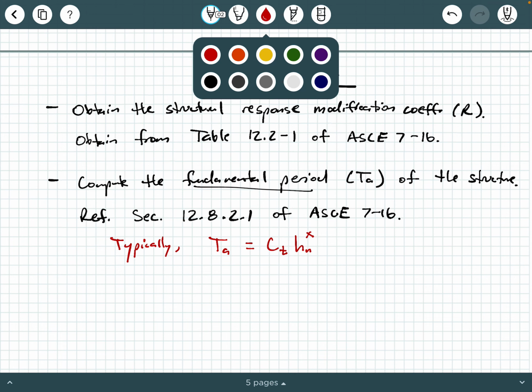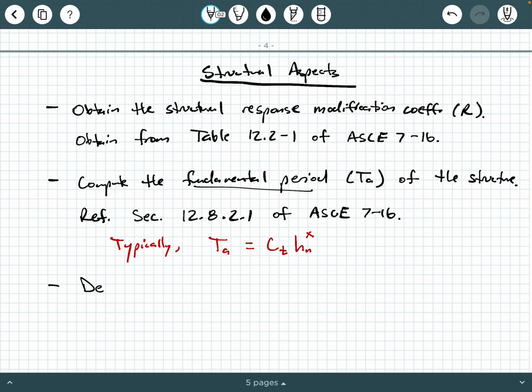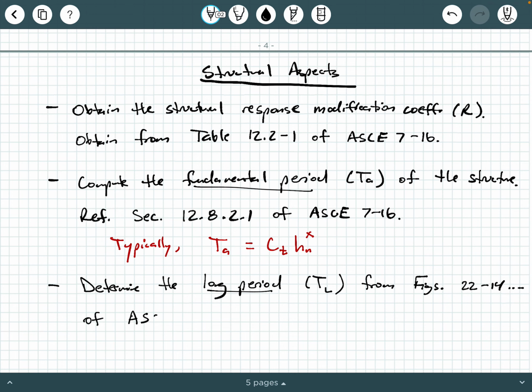Next thing you're going to do is determine the long period, which we call T sub L, from figures 22-14 and on of ASCE 7-16, okay?